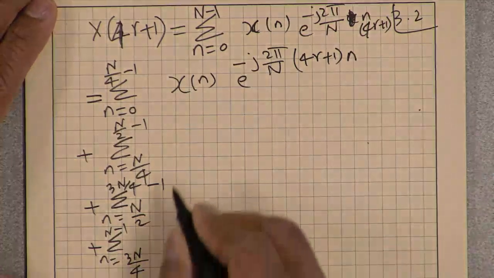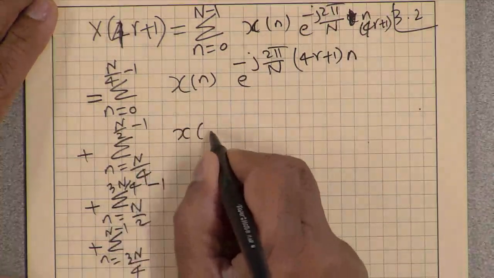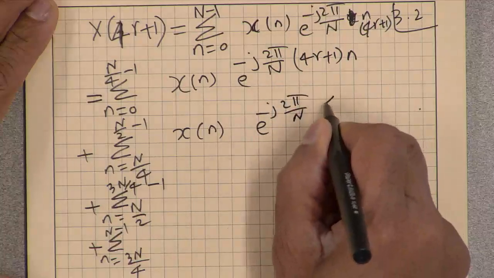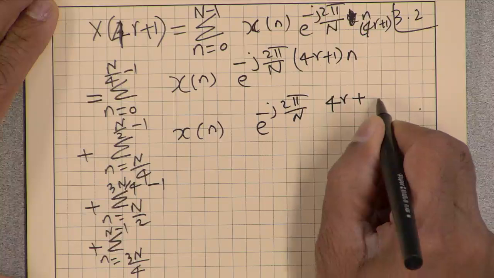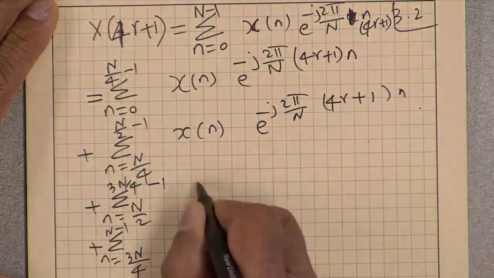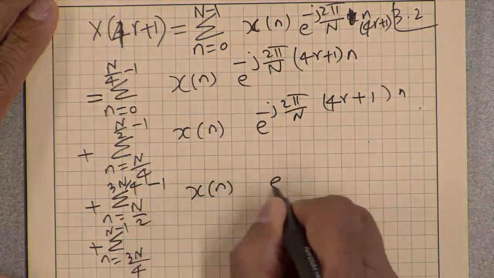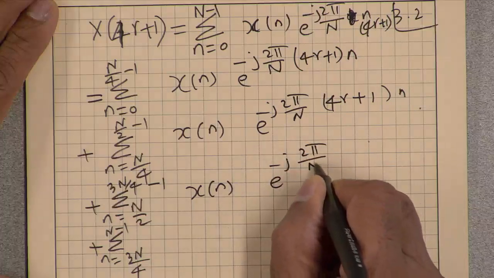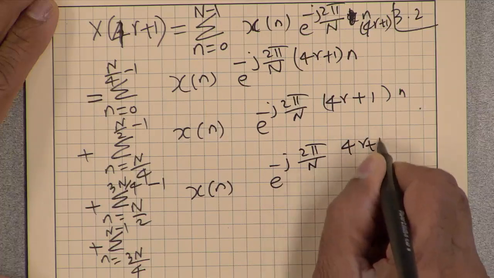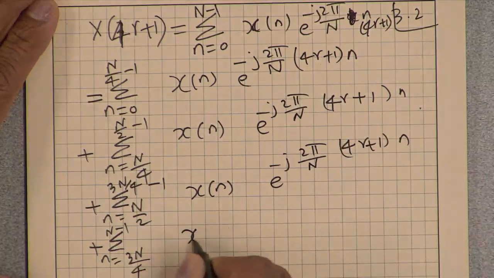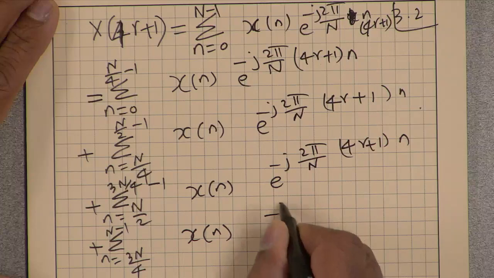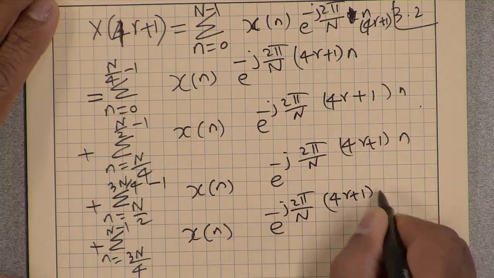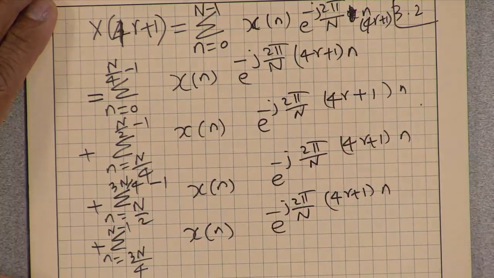That's the first part. This part is x[n] e to the power minus j 2 pi over N (4r+1) n, the same thing for the next parts. Okay, that's perfectly fine.